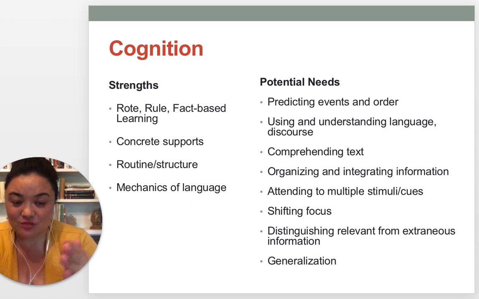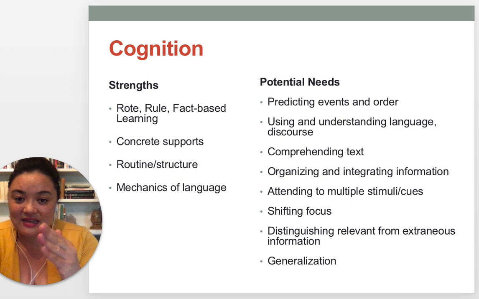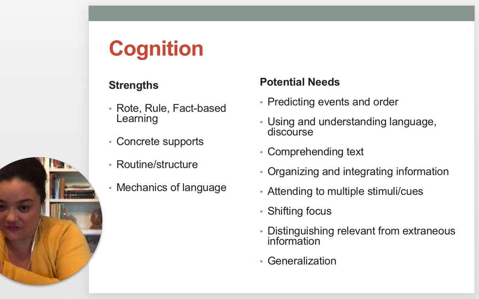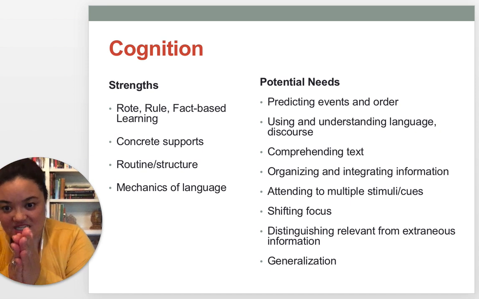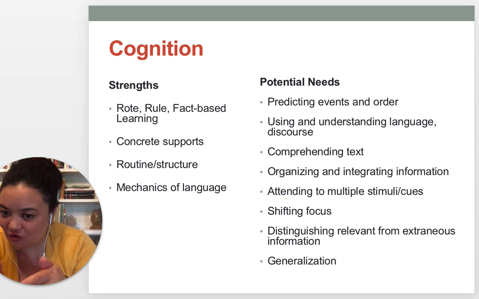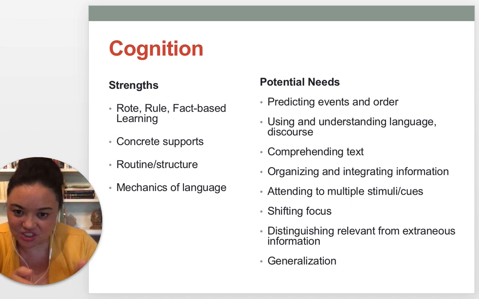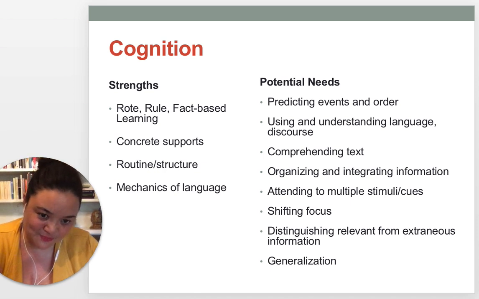So attending to multiple stimuli is something that individuals with autism tend to have difficulty with, as well as shifting focus. That's also related to this sticky attention, where they get really focused on one thing and have difficulty shifting or transitioning their focus to something else.